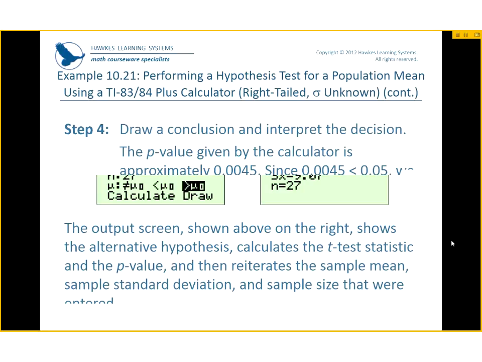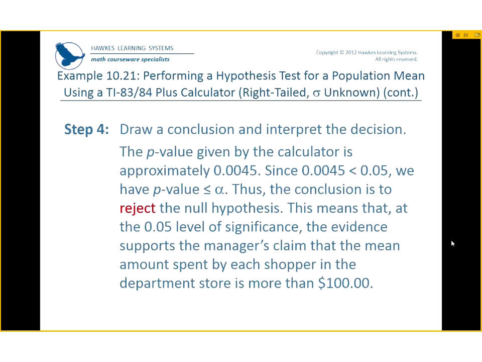So let's look at that p-value. Since 0.0045 is less than 0.05, we have a p-value that's less than or equal to alpha, so we reject the null. That means there's evidence to support the manager's claim that the mean amount spent by each shopper in the department store is more than $100.